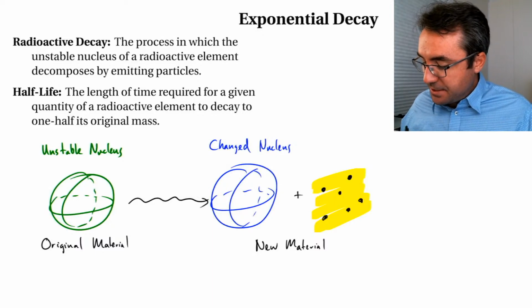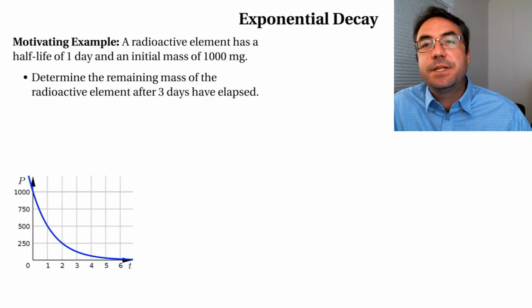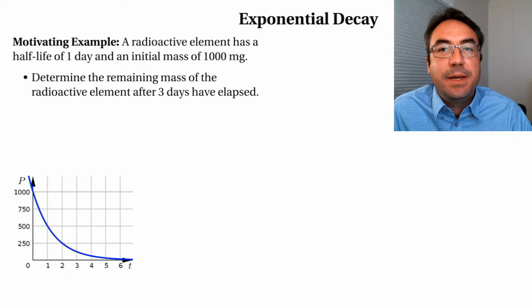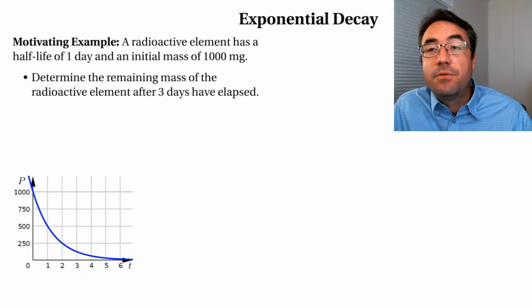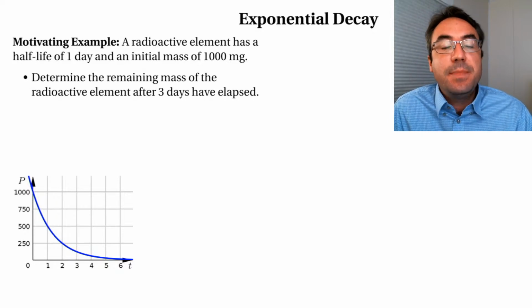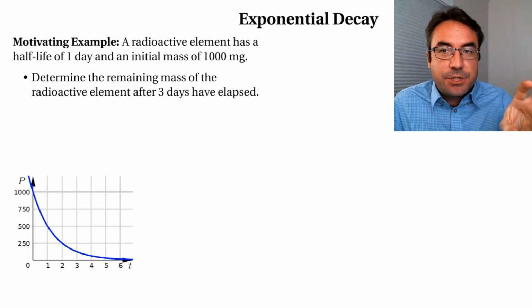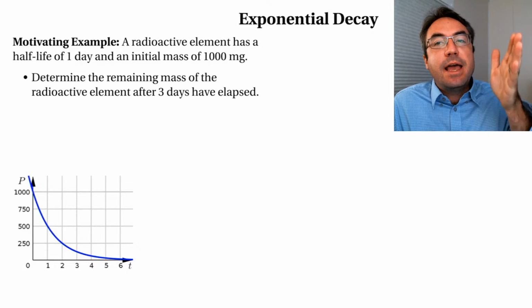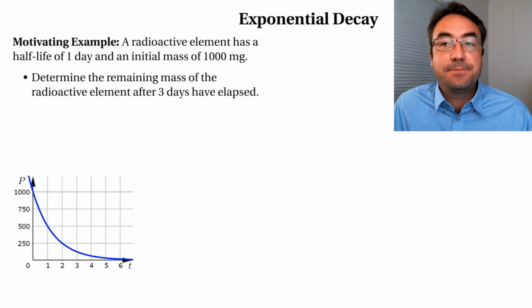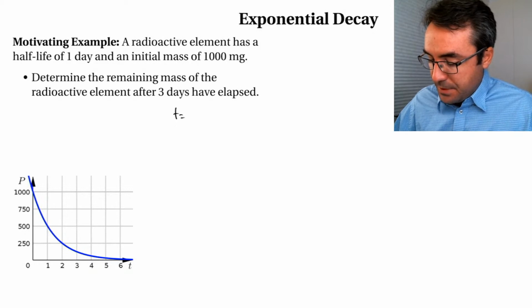So let's look at this with a little motivating example. Let's suppose that we have a radioactive element and it has a half-life of 1 day, and we start with an initial mass of 1,000 milligrams. We're going to see what happens to the mass of that original radioactive material after 3 days go by. So let's look at day 0.